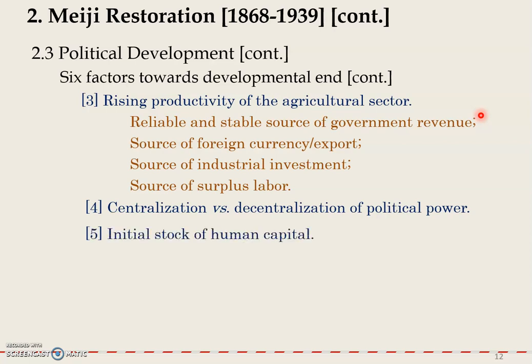Okay? The 5th factor is the initial stock of human capital. Okay? In other words, how well educated the general public is. Okay? So this is not just about the intellectual capability of the ruling elite to come up with the right policies, but more importantly, we're talking about the general public. Okay?